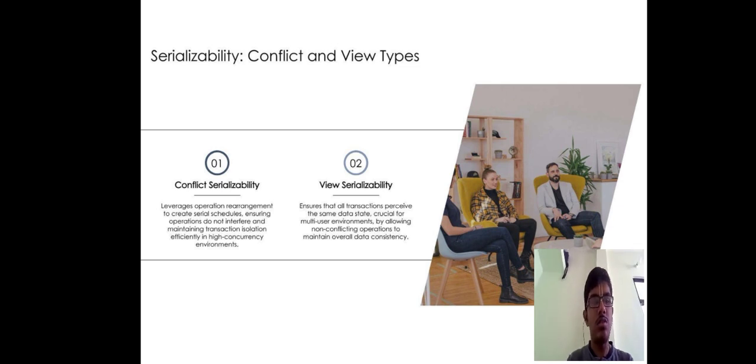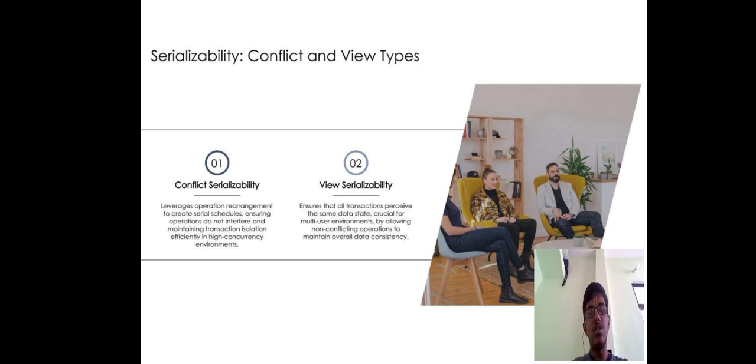Then the next important point is serializability, which is shortly known as conflict and view types. There are two types of serializability: conflict serializability and view serializability.